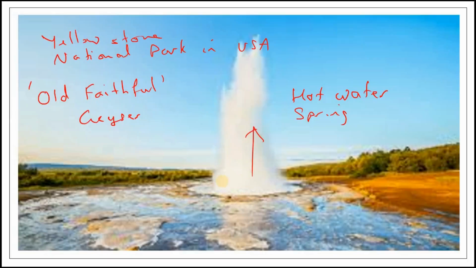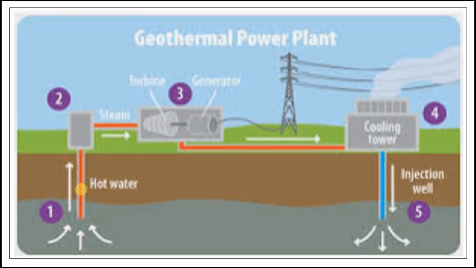surface. So using this energy, we can convert the hot water from the interior of the earth to generate steam, and the steam will run the turbine and generate electricity, and then the steam, the hot water, can be passed down to a cooling tower, and again to the injection well, where the water is thrown back into the ground.